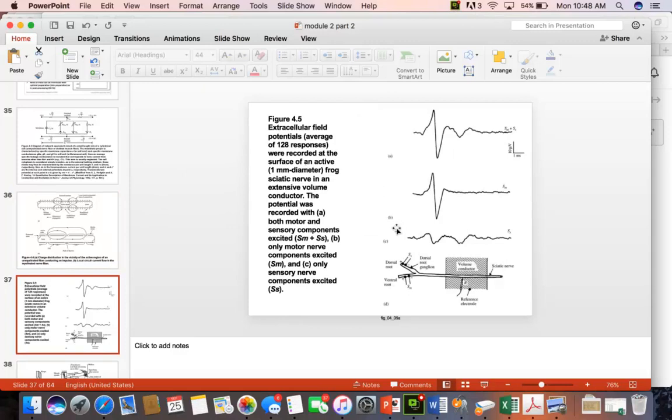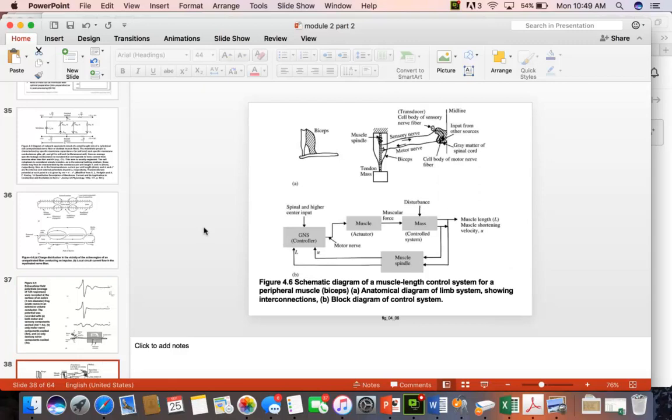Let me just really briefly show. Here's a single motor unit potential recorded in a frog muscle. Here is an illustration of sort of how a transducer in a human muscle, a needle electrode, would work.